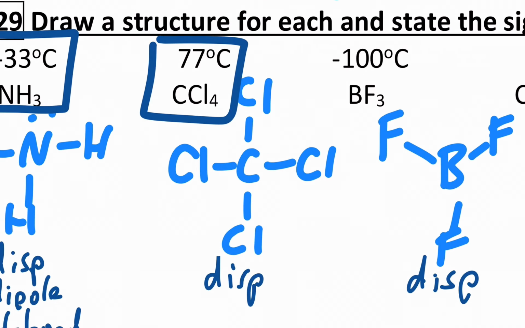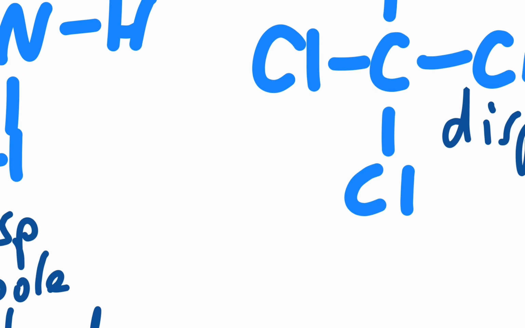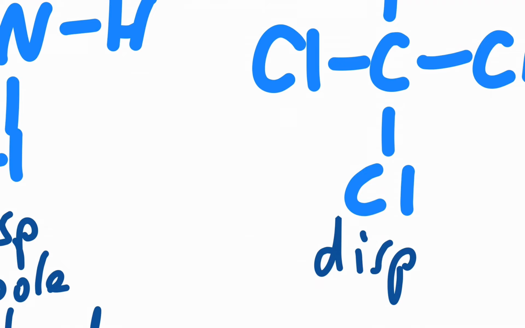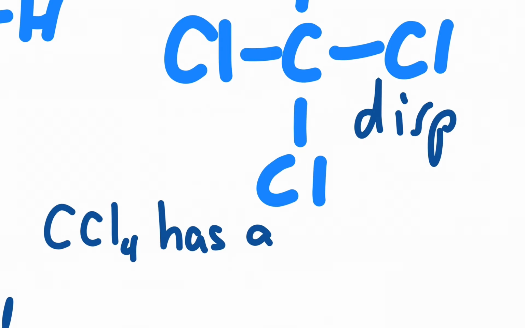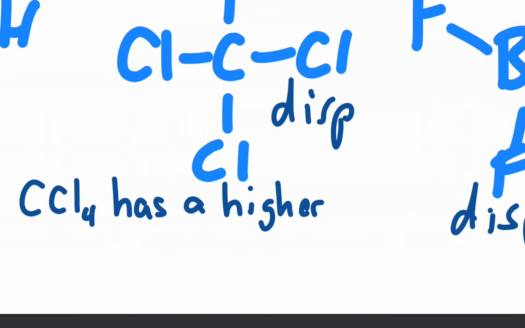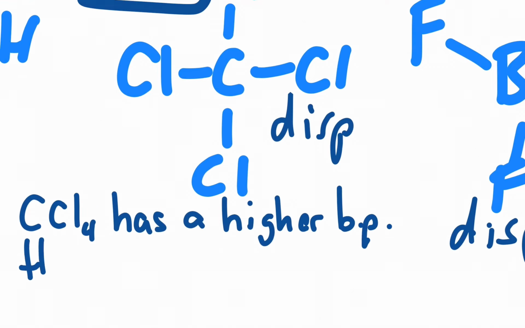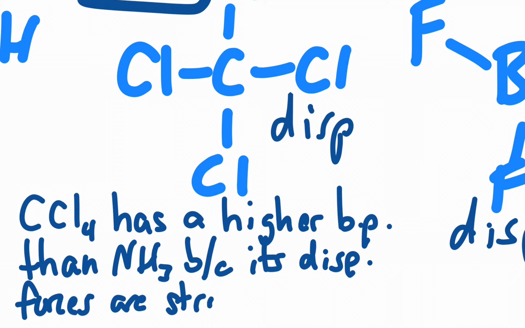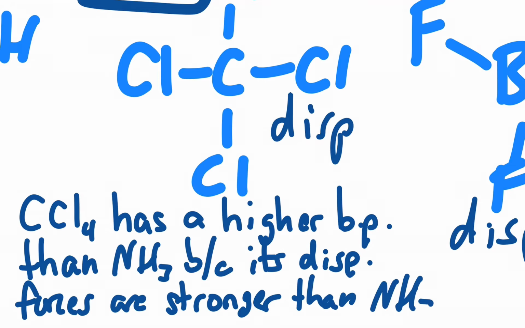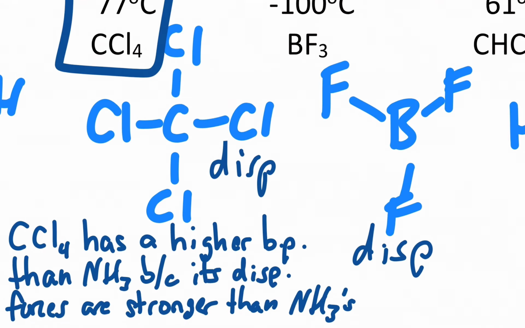So we could end with just a short sentence that says: CCl4 has a higher boiling point, BP, than NH3 because its dispersion forces are stronger than NH3's combined dispersion, dipole, H-bond forces.